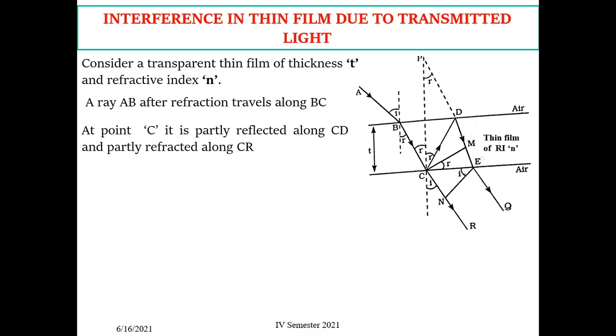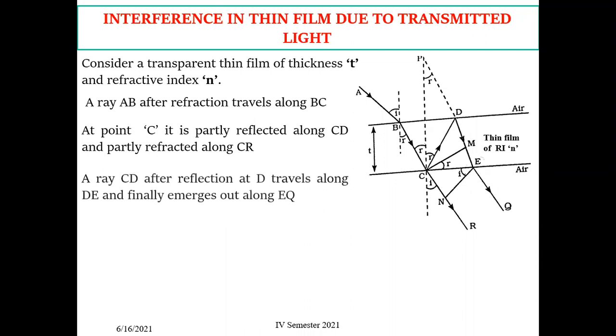At point C this ray is partially reflected along CD and transmitted along CR. The reflected ray CD again undergoes reflection at point D and finally emerges out along EQ.